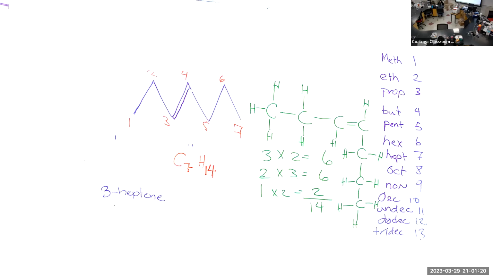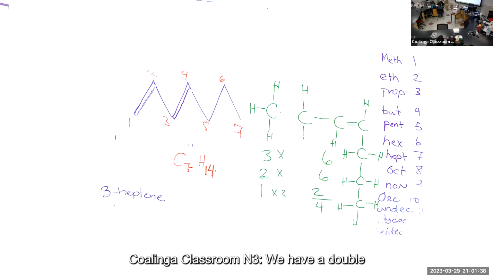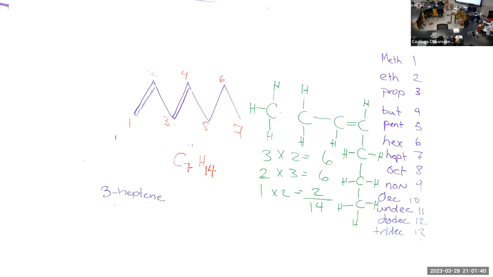So let's say we have a double bond here. In other words, using the same structure, we have a double bond between that first carbon and the second carbon.